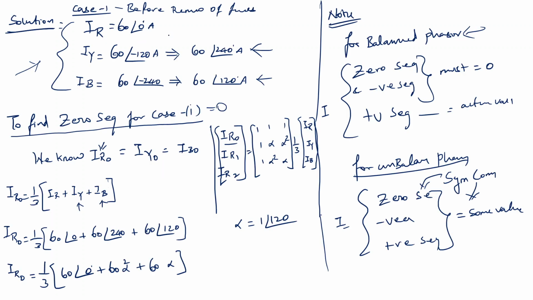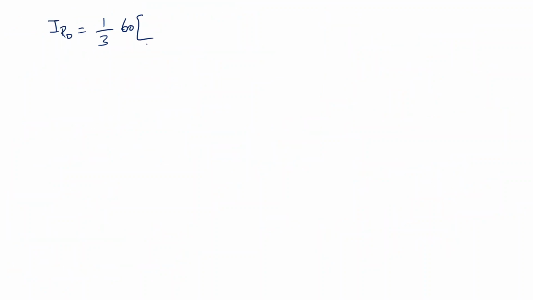Okay, so now IR0 is equal to 1 divided by 3 of 60. So I will take 60 outside in the common, because here also 60 is there, 60 is there, 60 is there. So inside it will be 1 plus alpha square plus alpha. Now let me check one small value here.